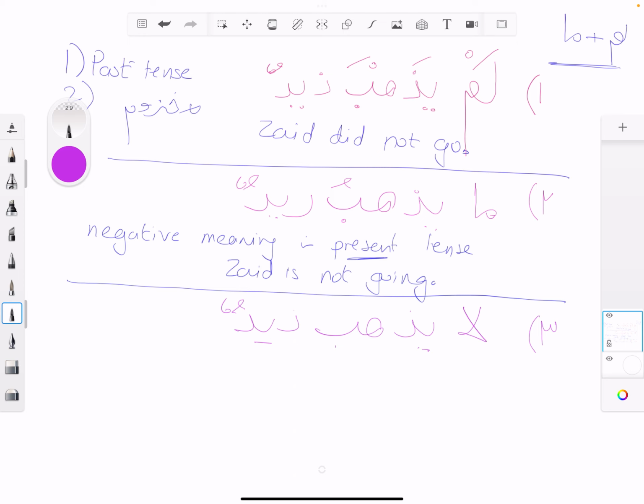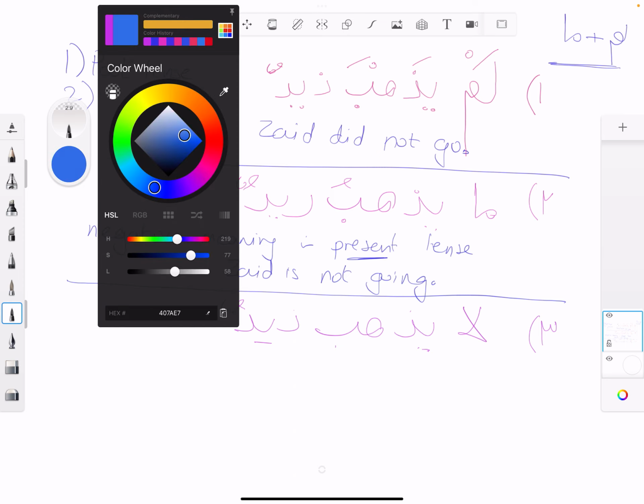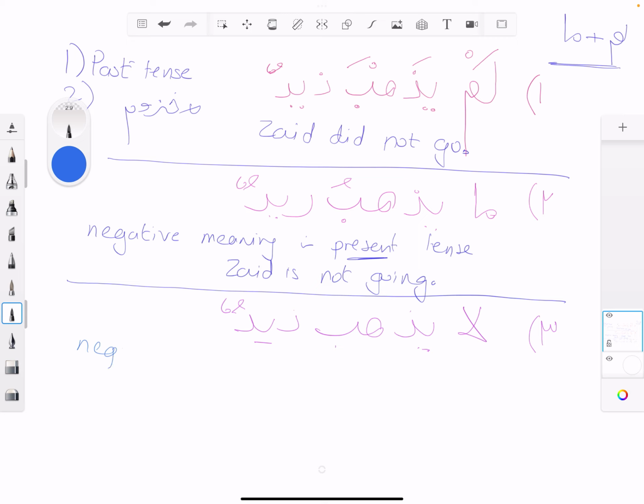The only difference in this one, it can be negative in present or future tense. So if you were going to use this for the future tense, you'd have to use la. Okay? So you can have all 3 translations.